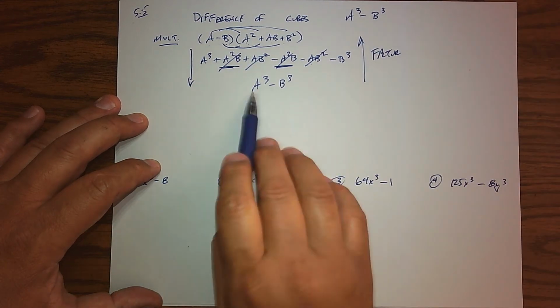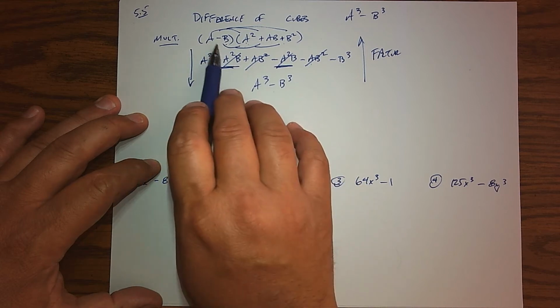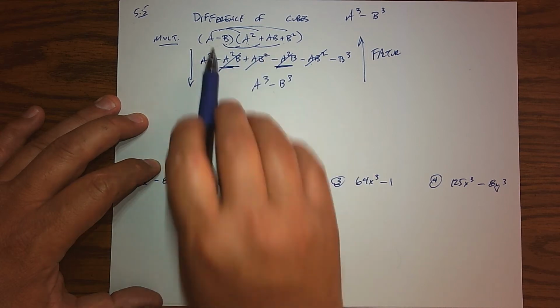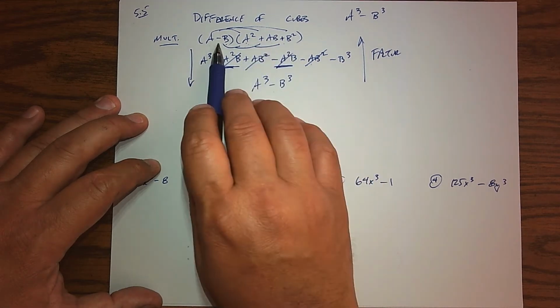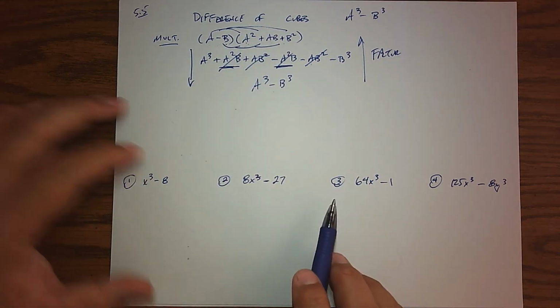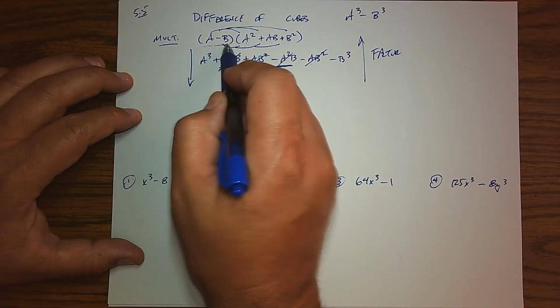This binomial, the difference of cubes, breaks up into this binomial times this trinomial, where we have the first term squared, last term squared, and the product in the middle. We match the sign in the binomial, and then everything else is addition. To show that pattern again, this binomial determines everything.